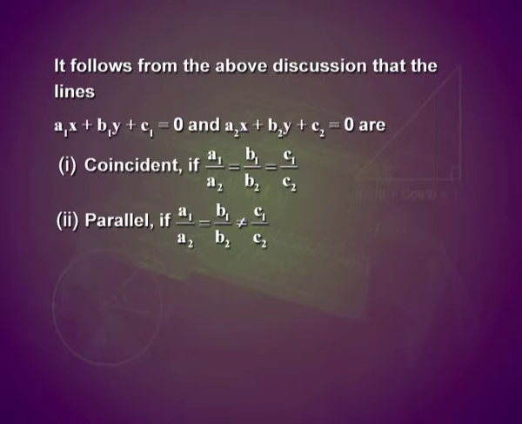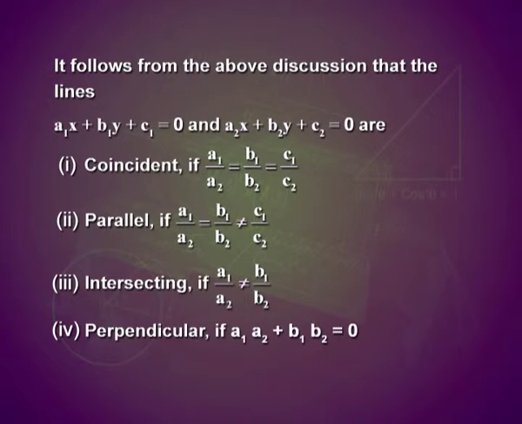They are said to be parallel if a1 upon a2 is equal to b1 upon b2 is not equal to c1 upon c2, and they are said to be intersecting if a1 upon a2 is not equal to b1 upon b2. They are said to be perpendicular if a1 a2 plus b1 b2 is equal to 0.